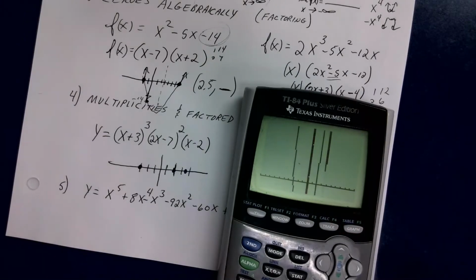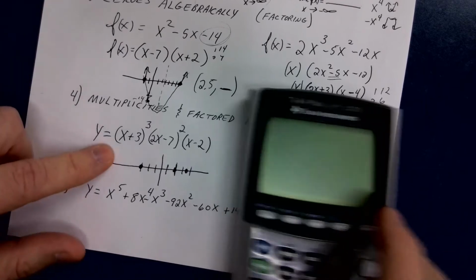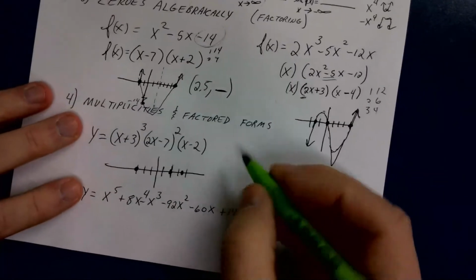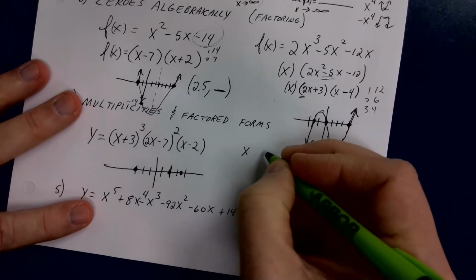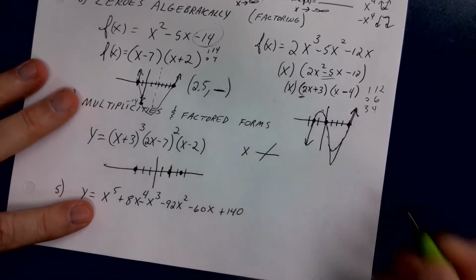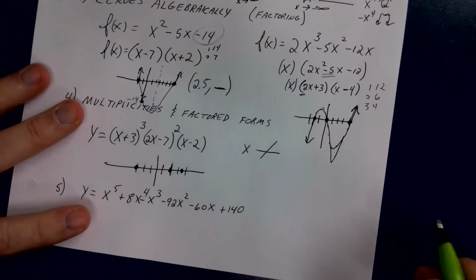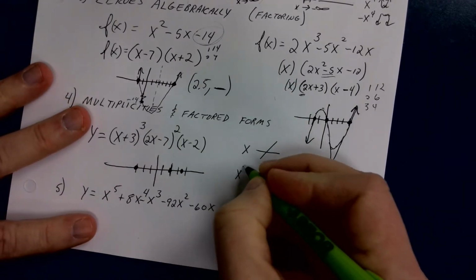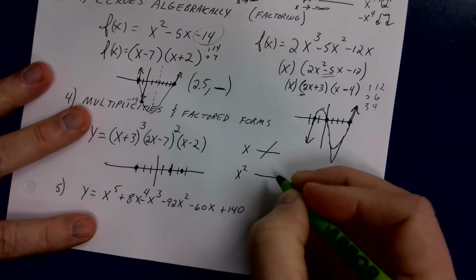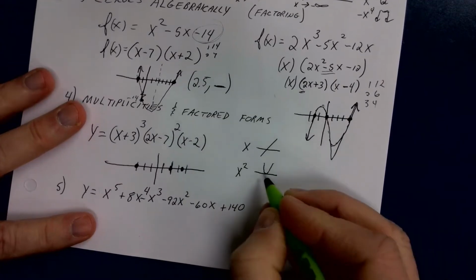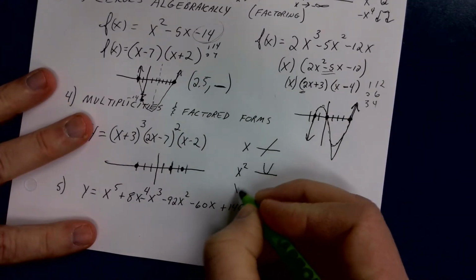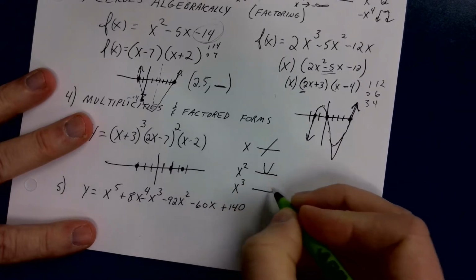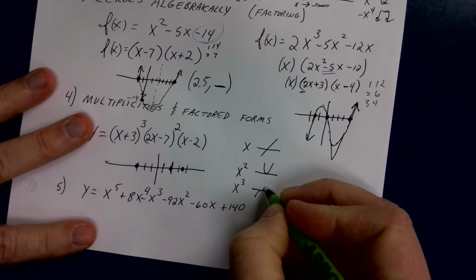Okay? So now what's going on with this? I'm going to tell you this. If it's just a degree 1, it'll go straight through the x-axis and it won't have any issues. If it's a degree 2, it will bounce on the axis at that point. And if it's a degree 3, it'll come through, but it'll curve.